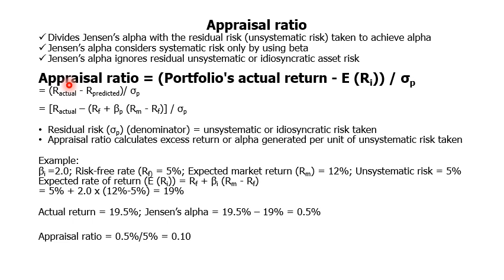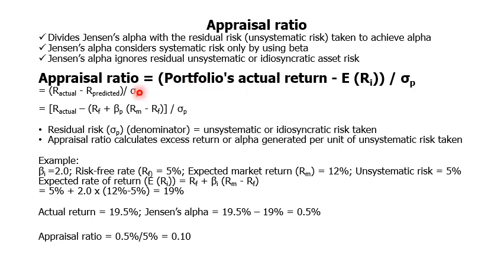The formula of the appraisal ratio is the portfolio's actual return minus the expected return, which is basically the alpha of the portfolio, divided by sigma p, which is the residual risk.